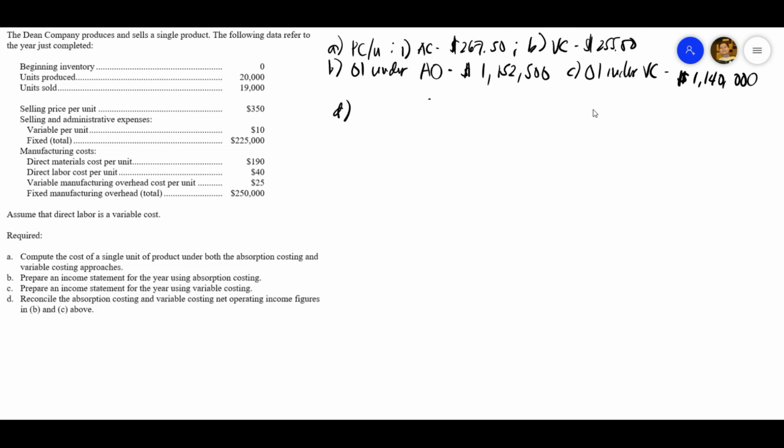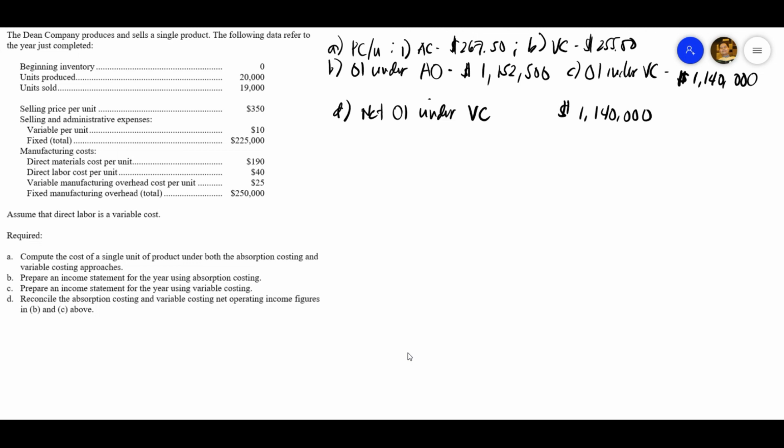Okay, in letter D, we need to have a reconciliation between absorption and variable costing net operating income. We'll start with our net operating income under variable costing. That is 1,140,000. And we also note that earlier, the difference usually in the net income under both methods pertains to the fixed manufacturing overhead cost.